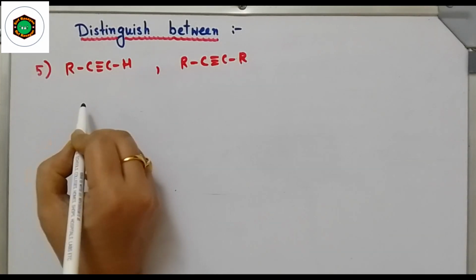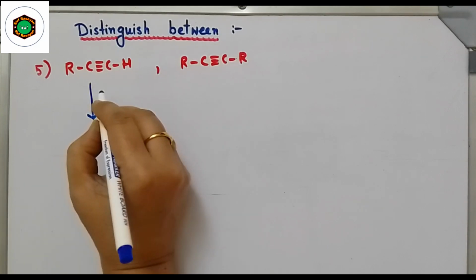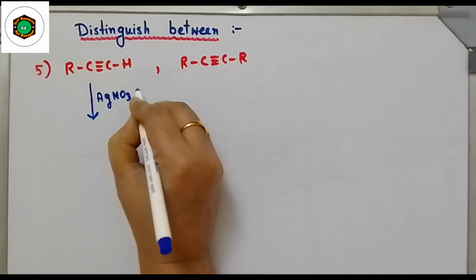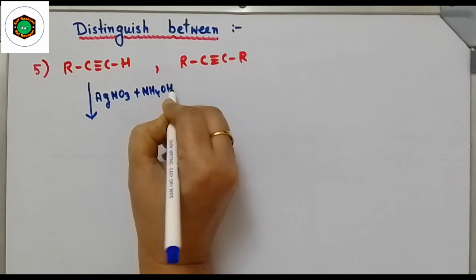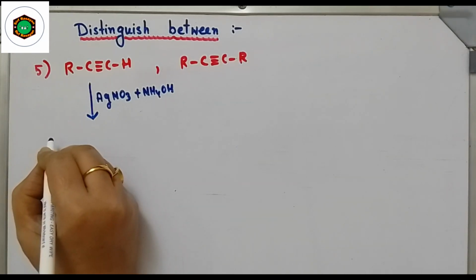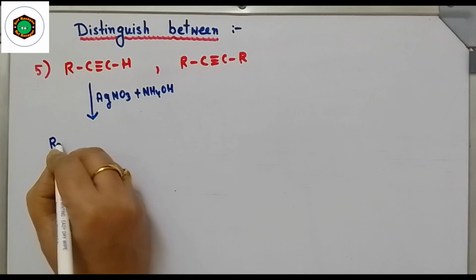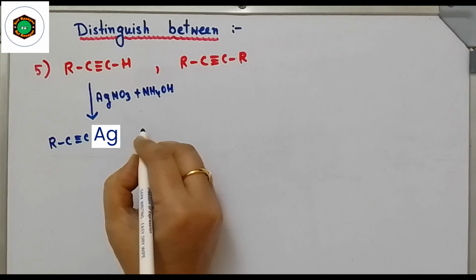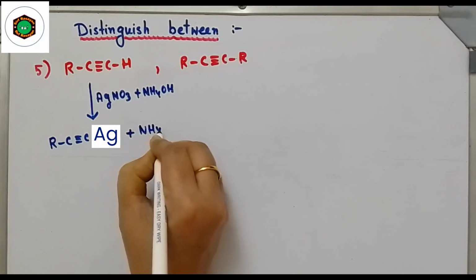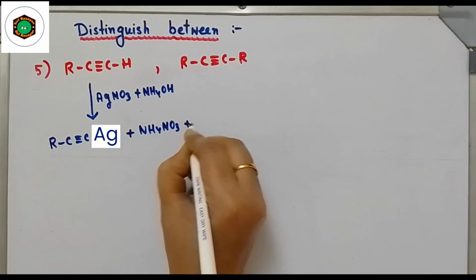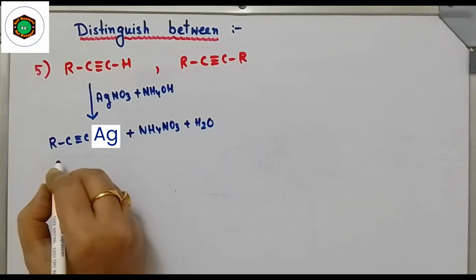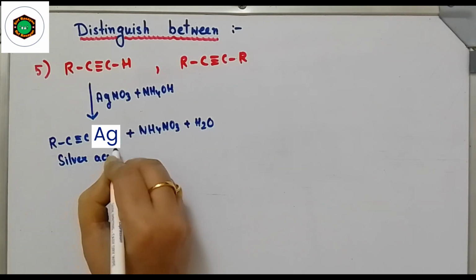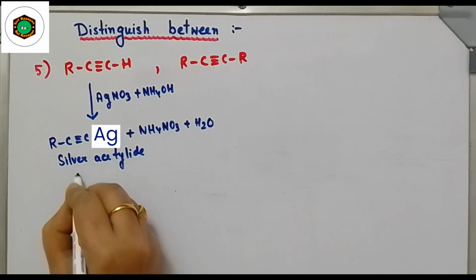So if you take terminal alkyne and treat it with ammoniacal silver nitrate, you will get this, silver acetylide. You will get here a white PPT of this.